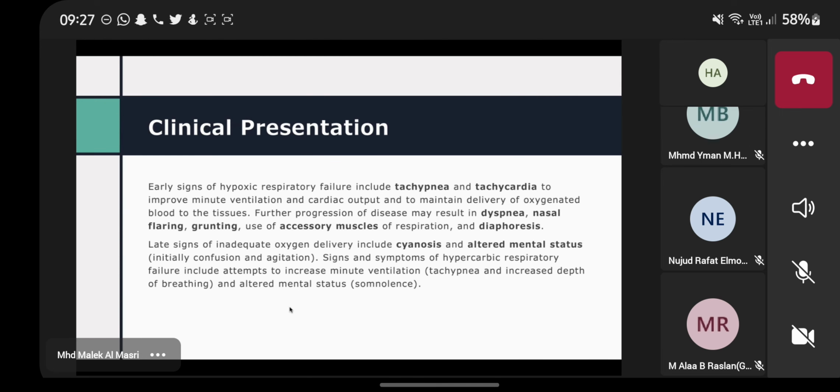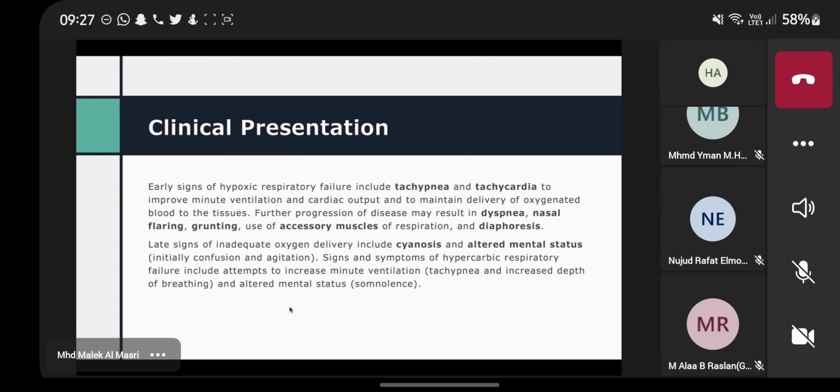There are early signs, which include tachypnea and tachycardia, in an attempt by the patient to improve their minute ventilation and cardiac output so they can maintain oxygen delivery to tissues. And as the disease progresses, it may result in dyspnea, nasal flaring, grunting, usage of accessory muscles of respiration, and diaphoresis, which is excessive sweating.